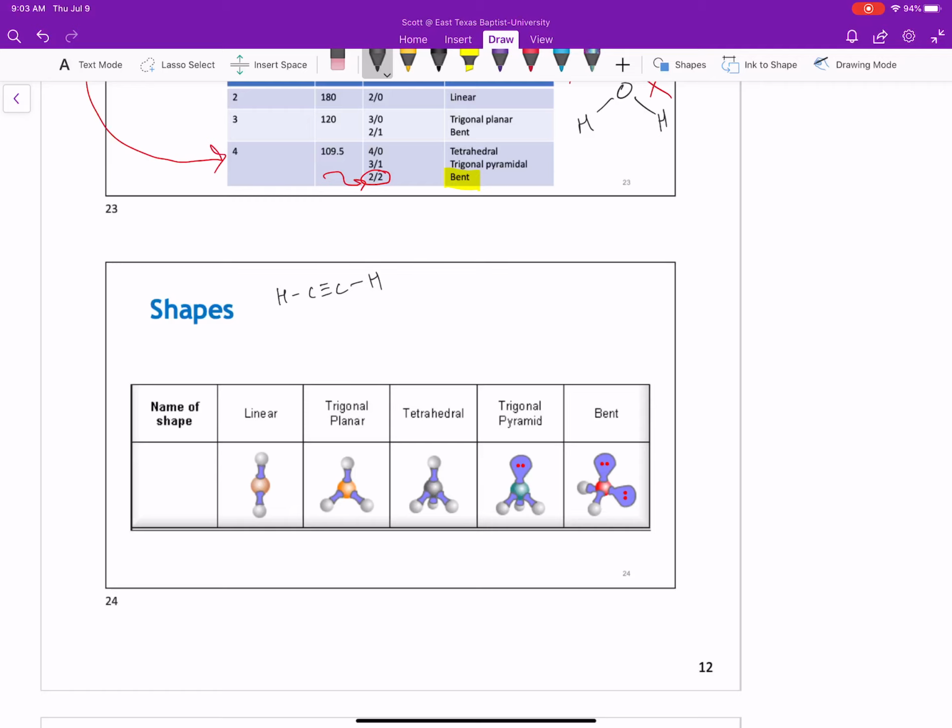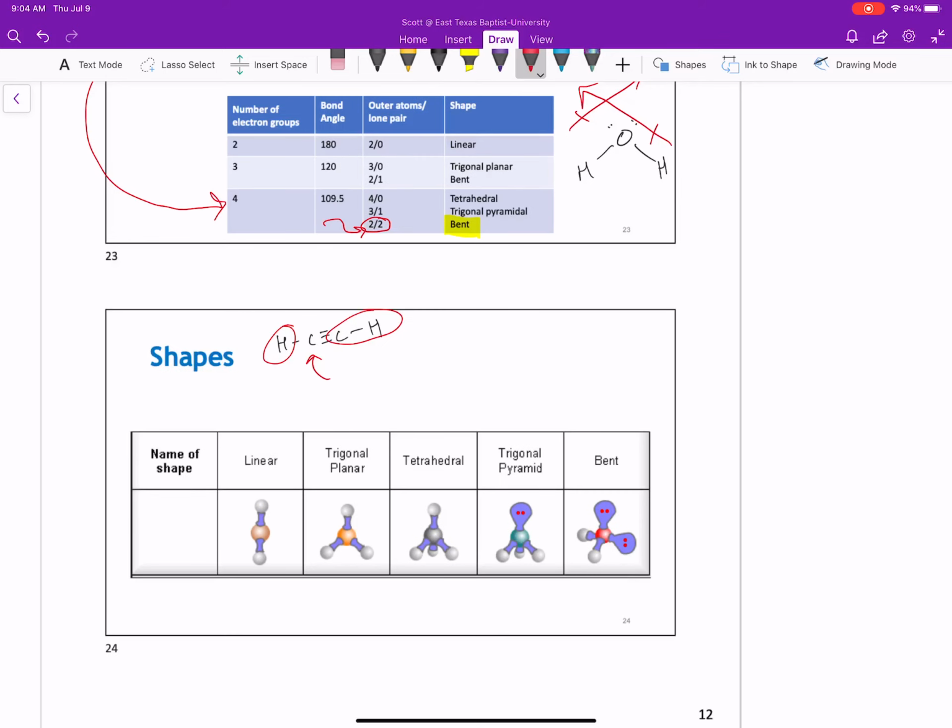Okay. Now, I know that because let's just act like this is my central molecule right there, or central atom. Notice that it only has two groups around it, one being that H and one being that part. So there's two groups and no lone pairs.